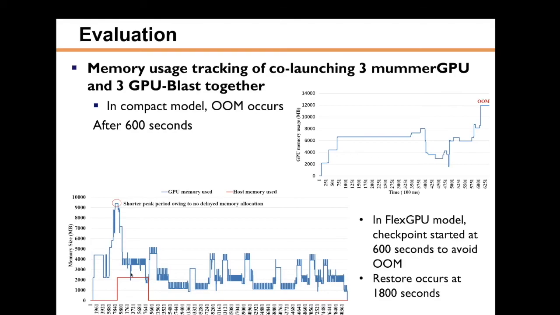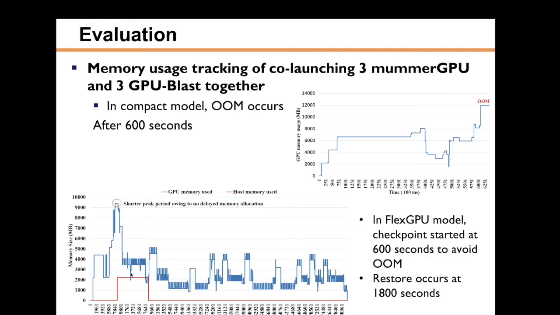It can be observed that after around 600 seconds after the launch, the total amount of GPU memory exceeds the physical capacity and causes failure of several instances with the OOM error. And the figure below shows the details of how FlexGPU handles this situation.